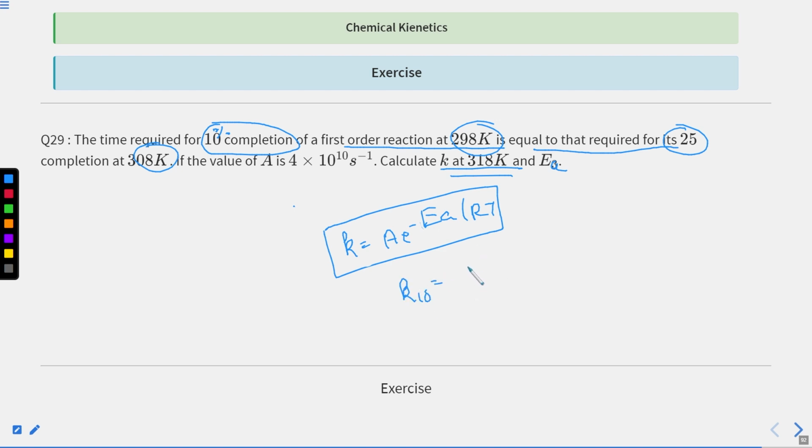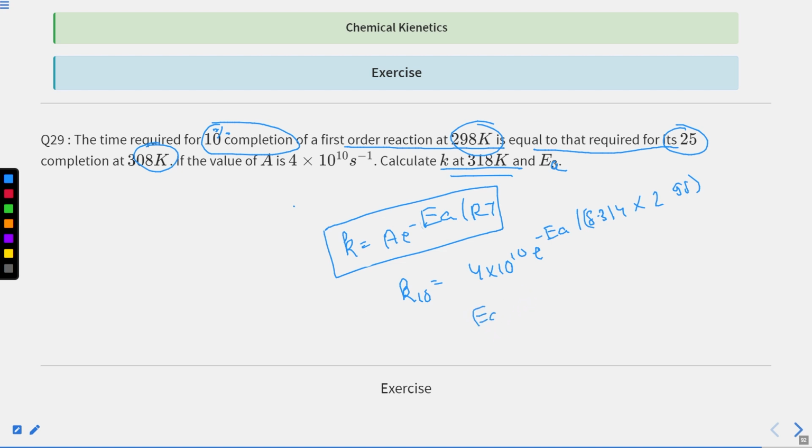So A is given as 4 into 10 to the power 10, e to the power minus EA by RT, where R is given 8.314 and T is 298 for 10% completion.